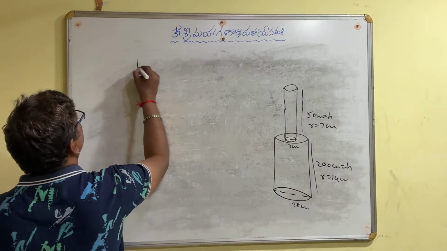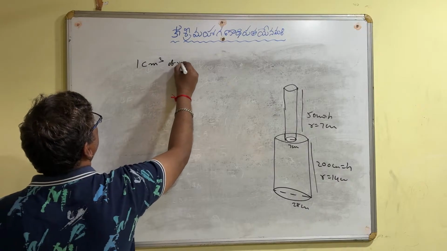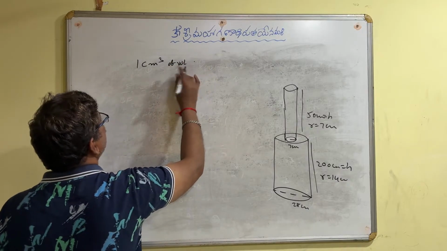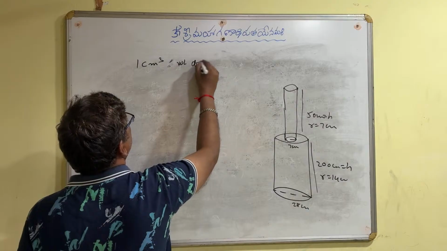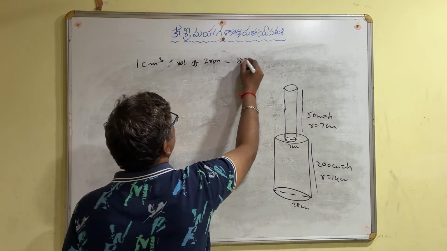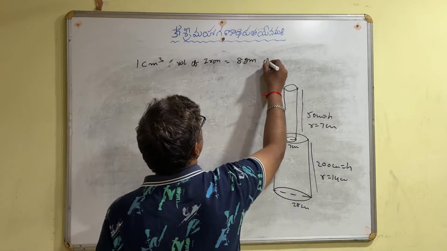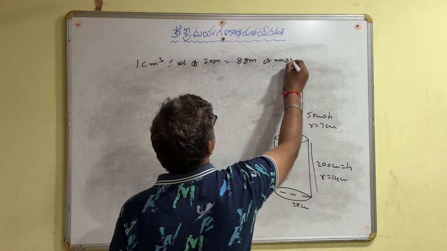1 centimeter cube volume of iron is equal to 8 grams of mass. This is given.